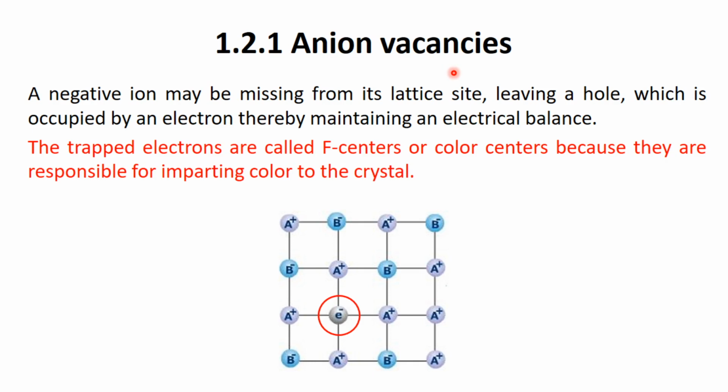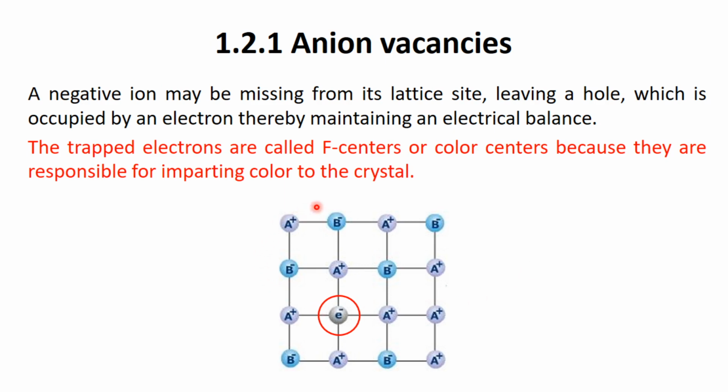Anion vacancies. In this non-stoichiometric defect, a negative ion may be missing from its lattice site, leaving a hole which is occupied by an electron, thereby maintaining an electrical balance.